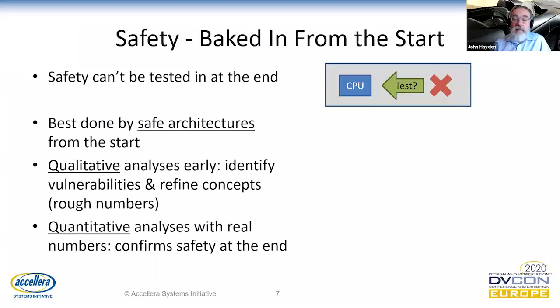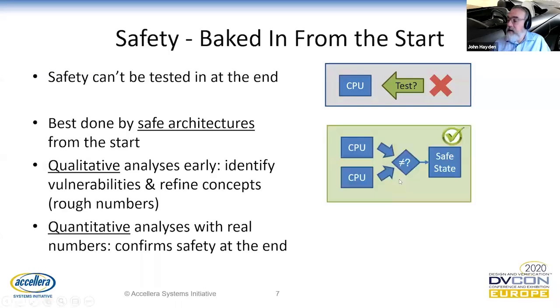Now, it has to be said that safety has to be baked in from the start. You can't easily test to this end at the end as some sort of paperwork exercise. So it's best done by innovating safe architectures, say some type of redundancy or comparators or other mechanisms that always can bring a malfunctioning system to a safe state.